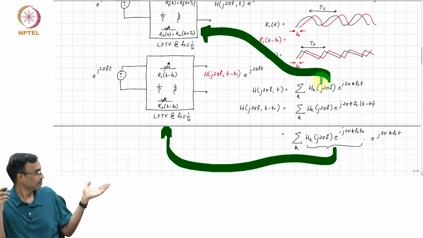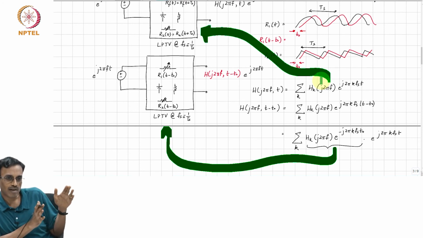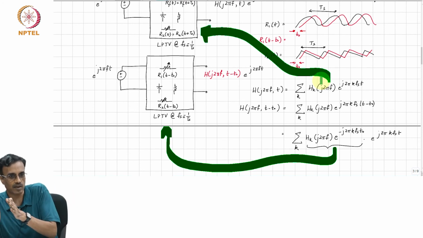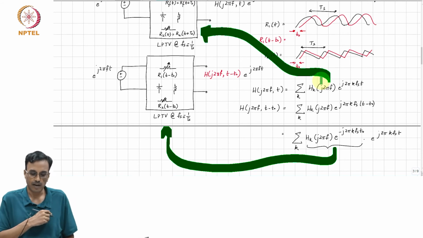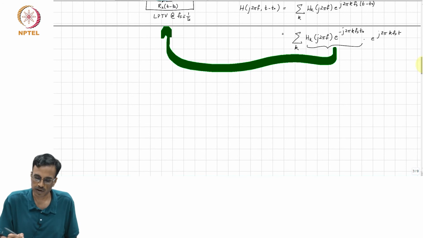So, clearly it makes sense that the harmonic transfer functions must be related, because all we have done is simply shifted the time variance of the time varying components, right.